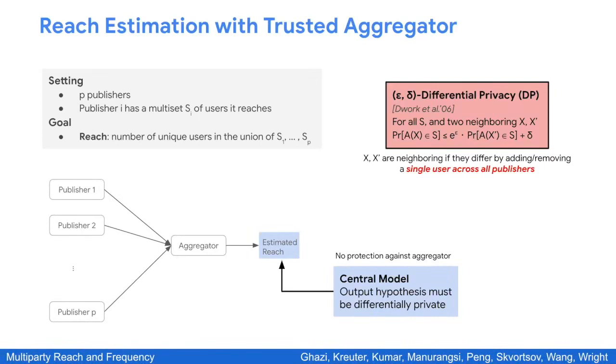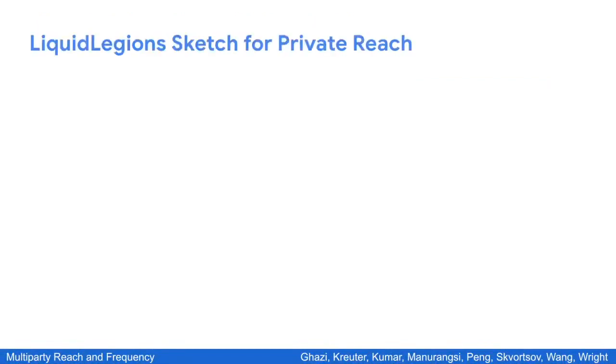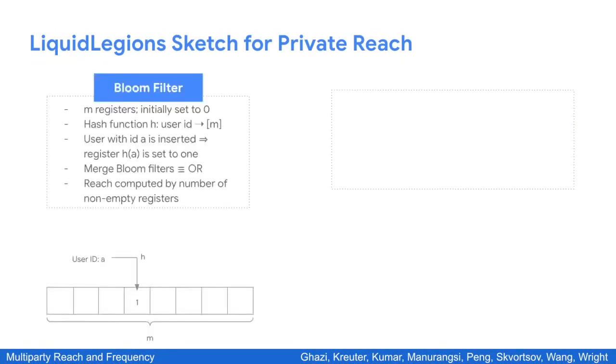And this brings us to our first tool in our work to reduce the communication complexity of the protocol, and that is sketching. The sketch that we use is a modification of the classic Bloom filter sketch. And just to quickly recall, in a Bloom filter there are m registers, each set to 0 initially.